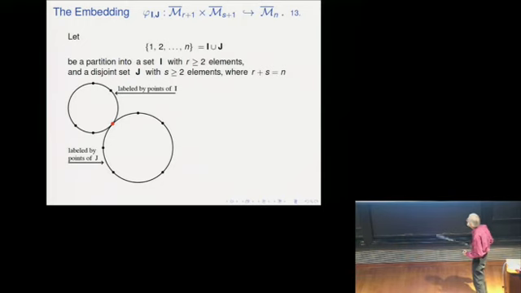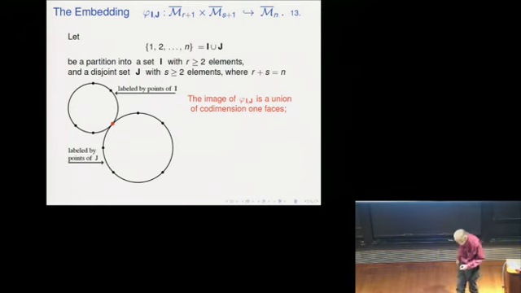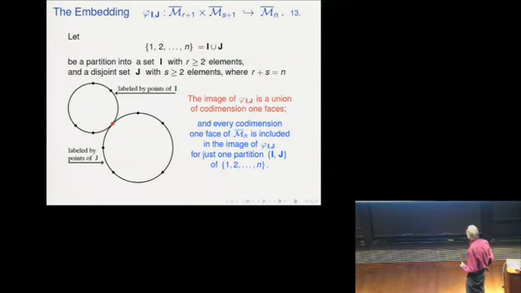And the assertion is that given any diagram like this, we have a corresponding element of the compactification Mn. In particular, the image of this is a union of codimension 1 faces of Mn, and every codimension 1 face occurs in this way. So I have to explain exactly how this works and what it means.